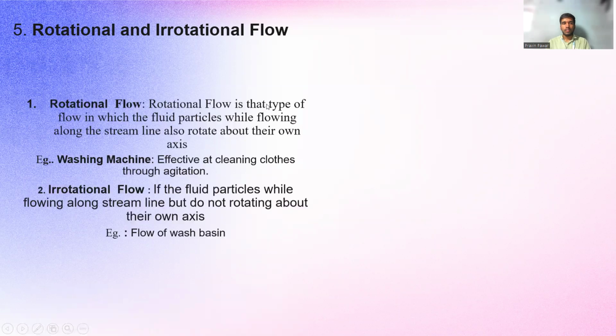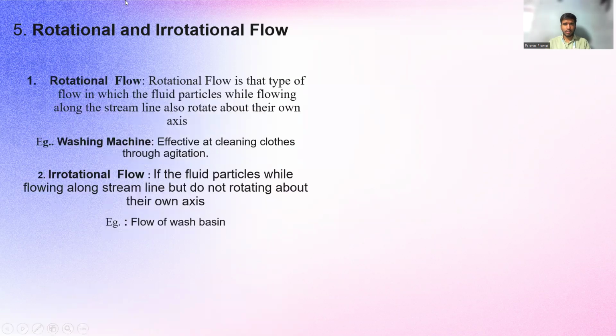Fifth one is rotational and irrotational flow. Rotational flow is the type of flow in which fluid particles flow along the streamline and rotate about their own axis.